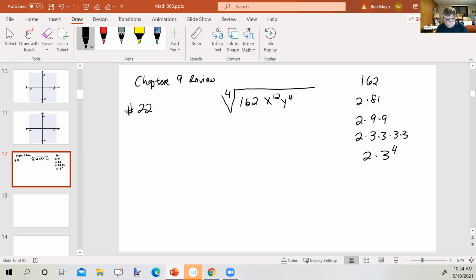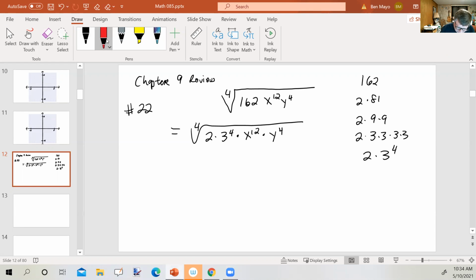So we can write 162 as 2 times 3 to the 4th power. So this becomes the fourth root of 2 times 3 to the 4th times x to the 12th times y to the 4th. Now, other than the 2, all of the other bases have a power that is either the same as the index, 4, or a multiple of the index, such as 12.